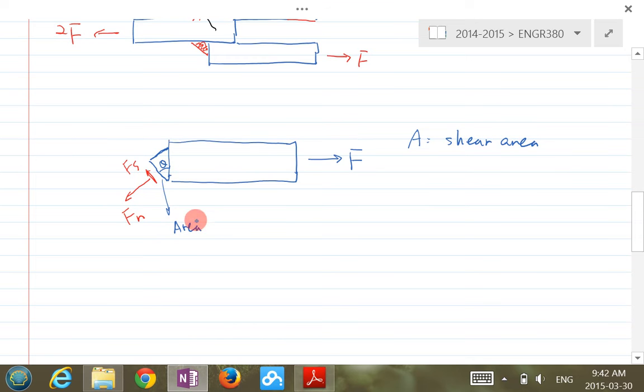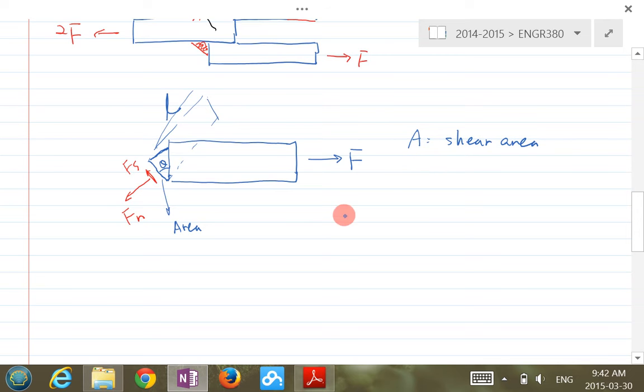Imagine that if you extend it beyond to the other side, that basically is the A. Let's say the total length is L. All we need is this portion of a length, and then times L, that'll be the A. That makes sense, right?